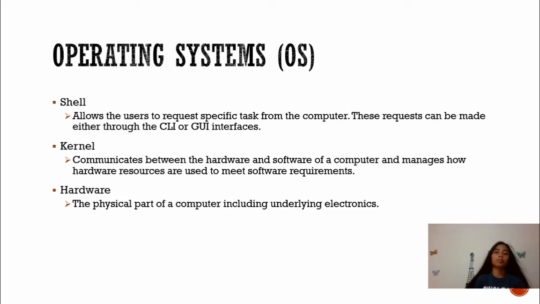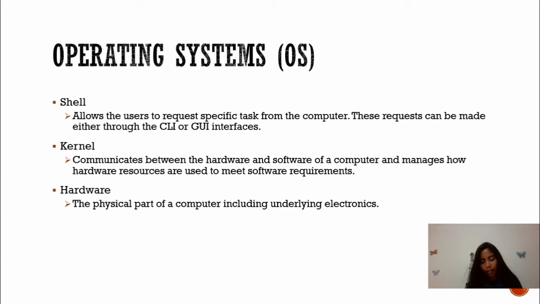We have three parts of the operating system: the shell, the kernel, and the hardware. The shell allows the user to request a specific task from the computer, and that request can be made either through the CLI or the GUI interface.